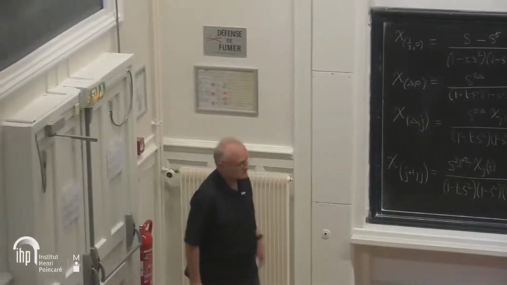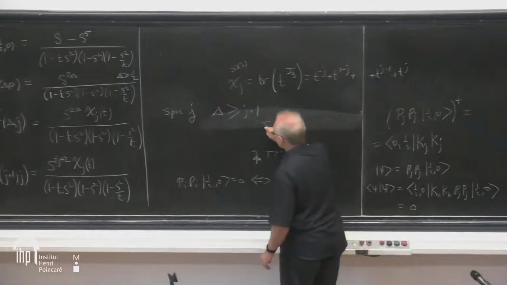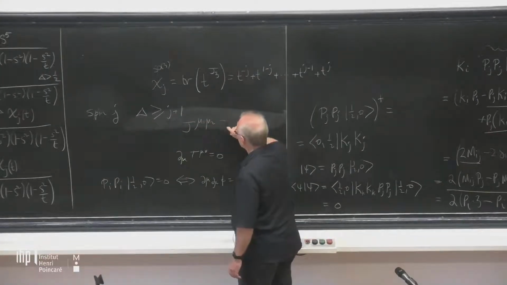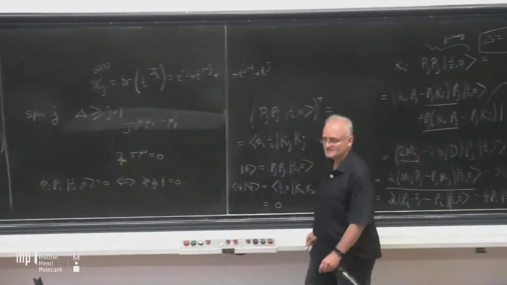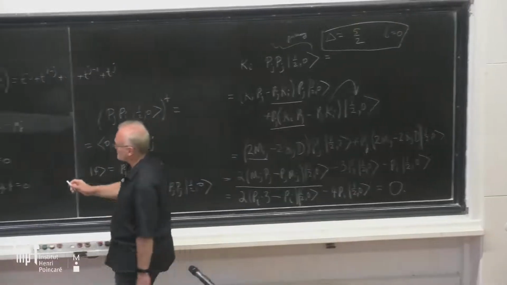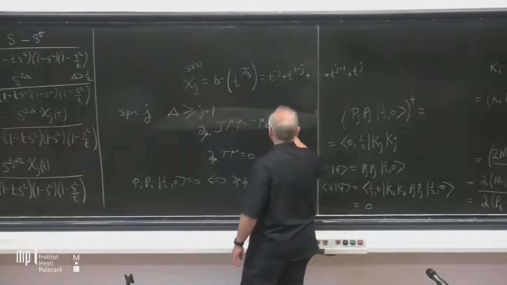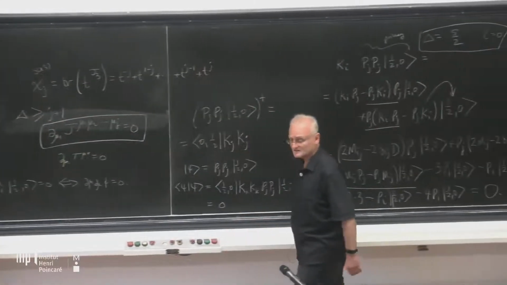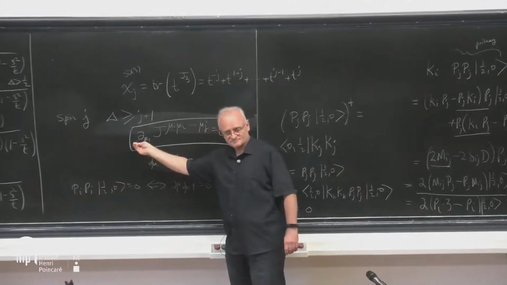Now, this spin j guy corresponds to a tensor that has mu1, mu2, going all the way up to mu j. And the null state is the statement that this is conserved. So we need to subtract off everything from that which is null.